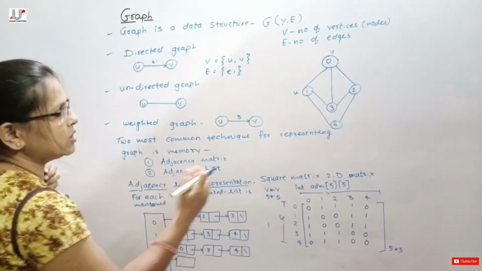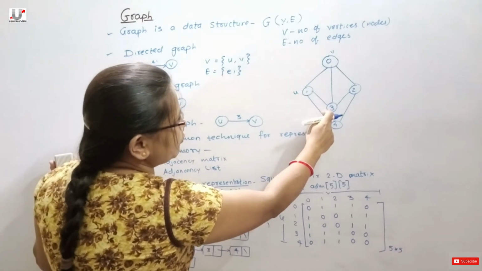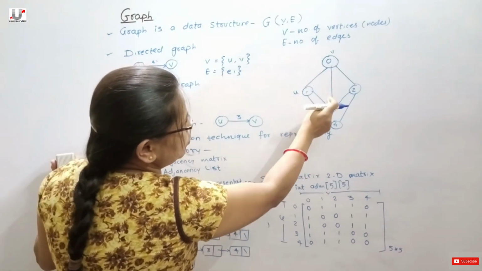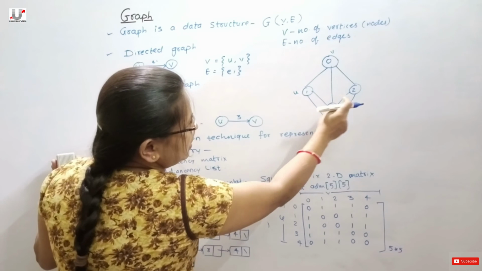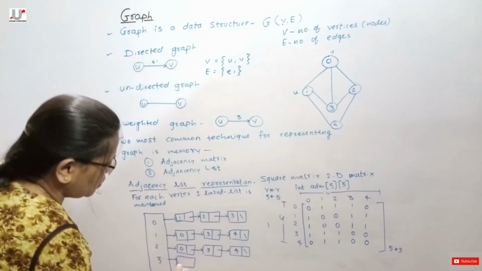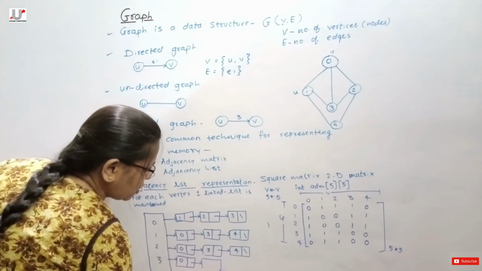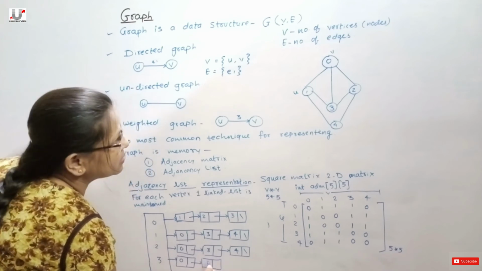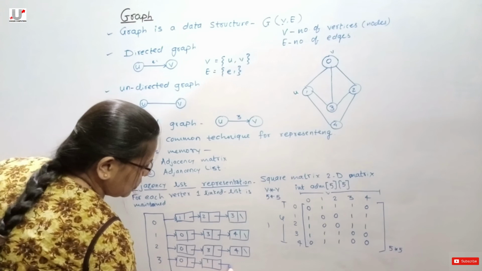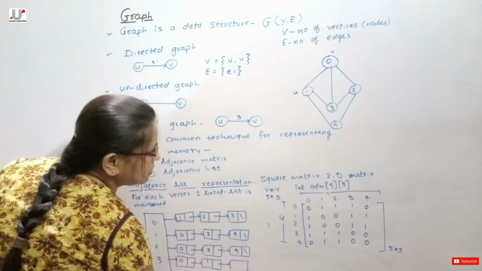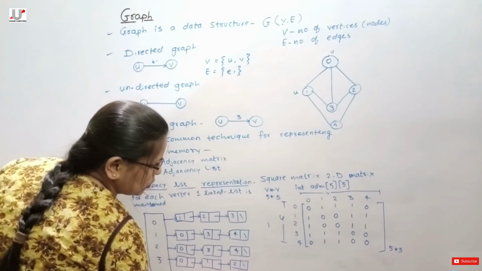Now check for 3. There is a link from 3 to 0, 1 and 2. We can specify them in any order. Order doesn't matter.